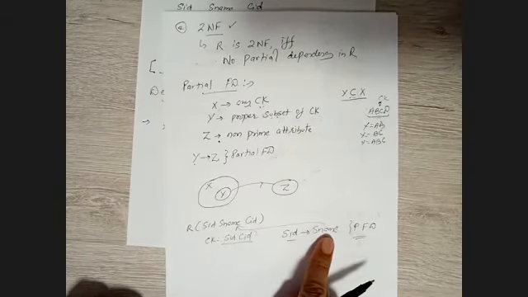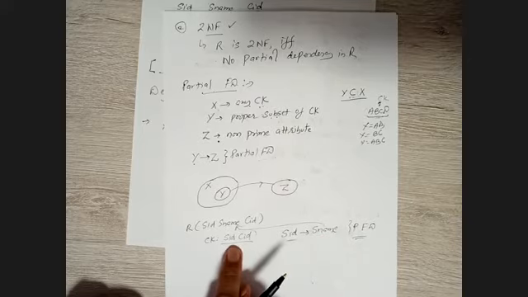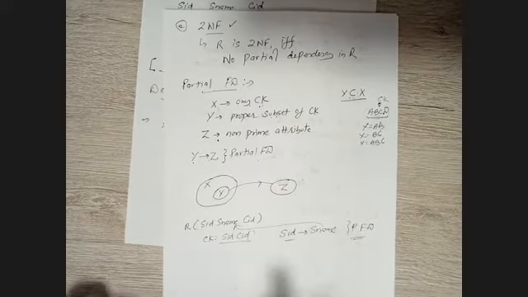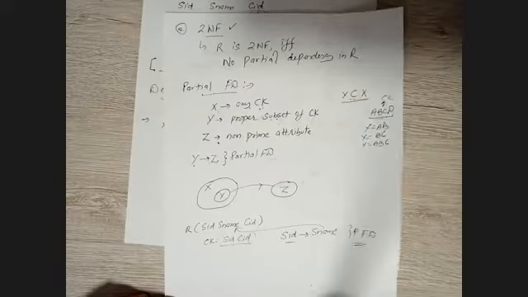S name is a non-prime attribute because it's not part of the candidate key. So this is how we detect second normal form. I hope you have understood. If you have any doubt, just let me know.